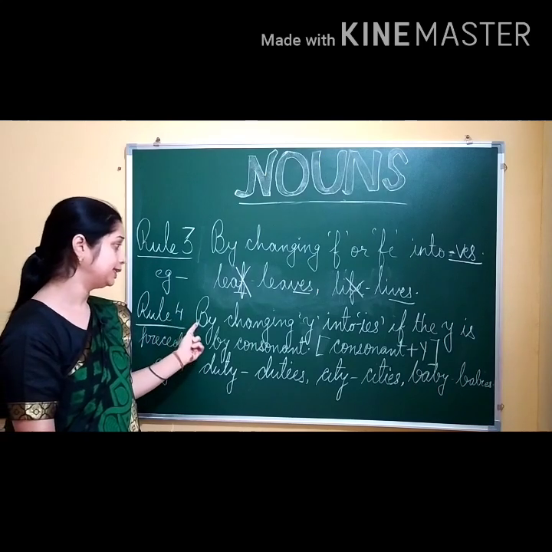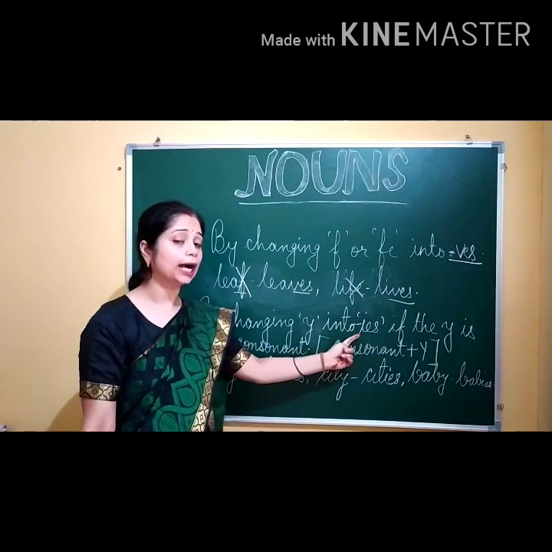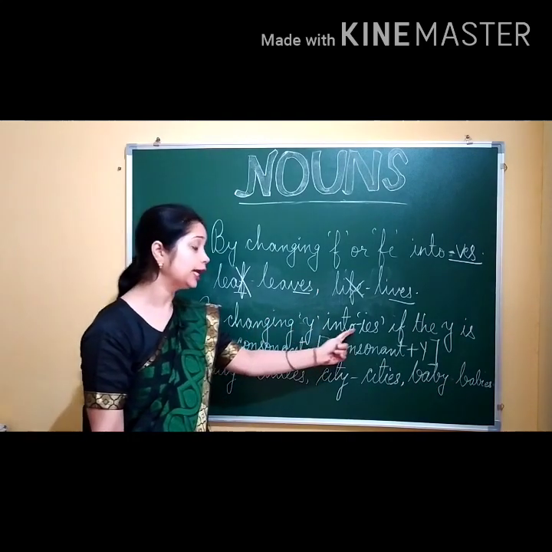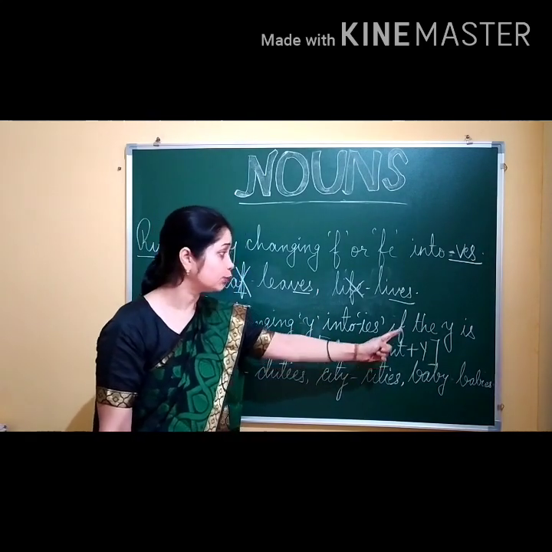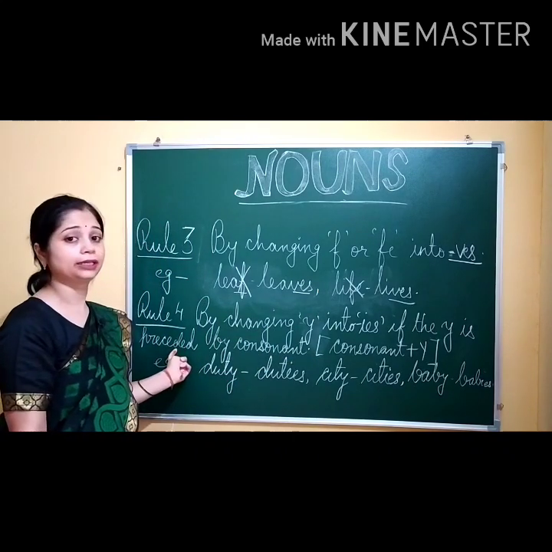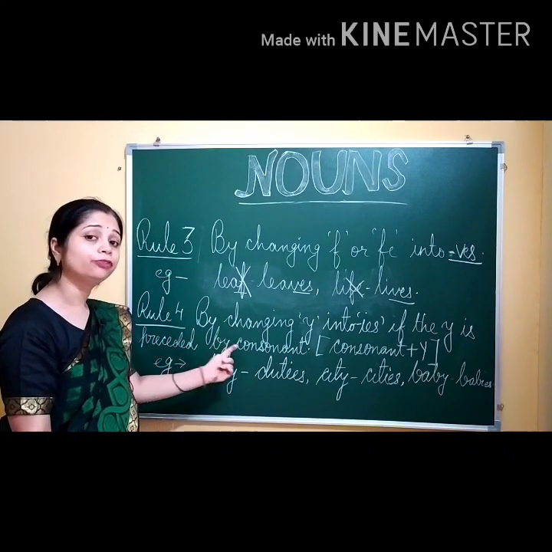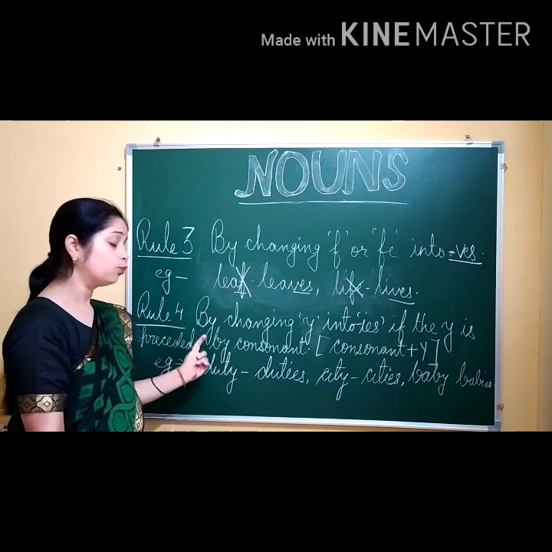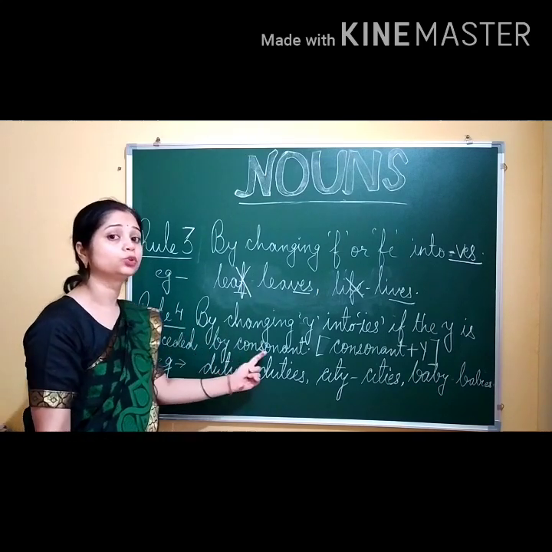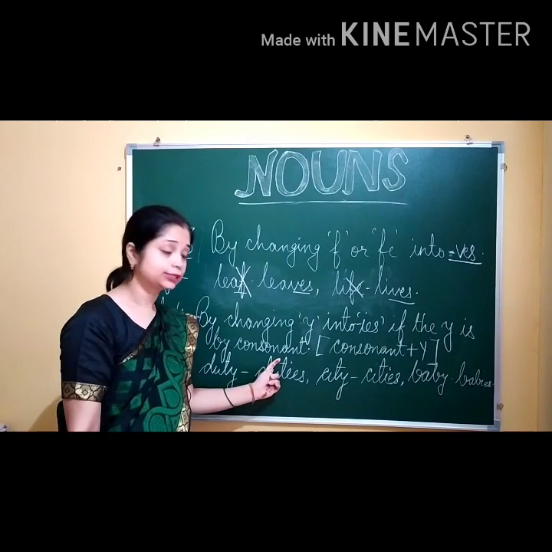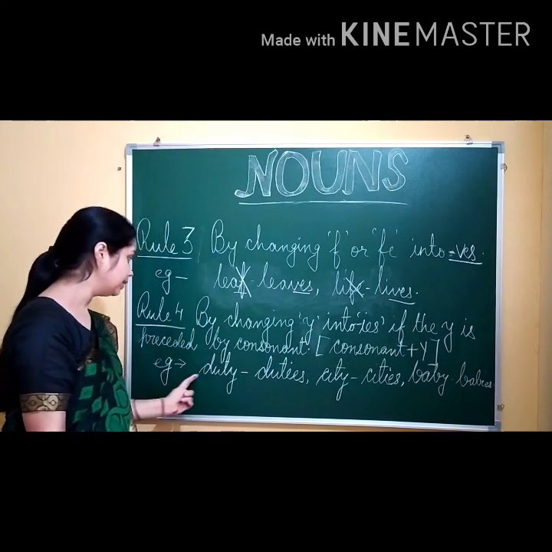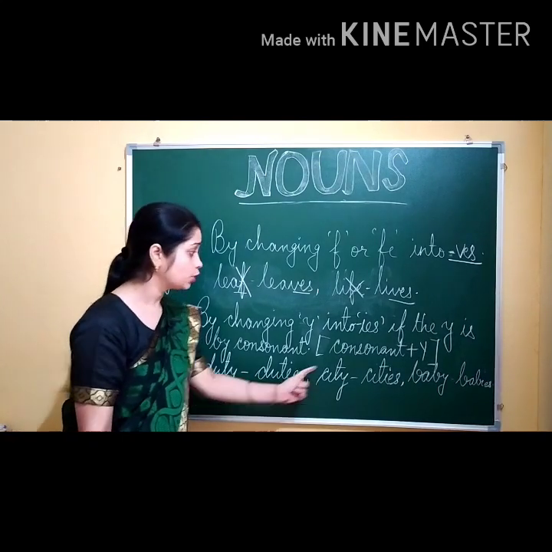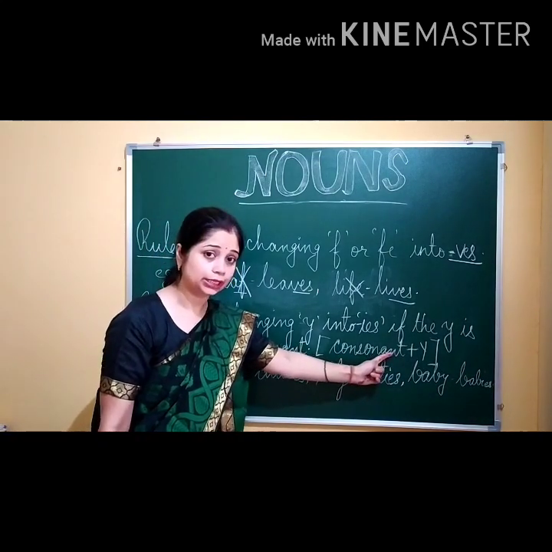Rule number 4 states that by changing y into ies, if the y is preceded by, preceded means before y, what? If a consonant sound comes. For example, duty changes to duties, that is consonant plus y.